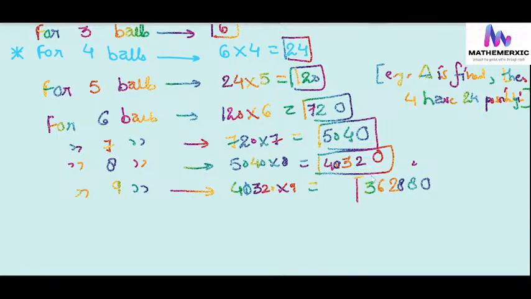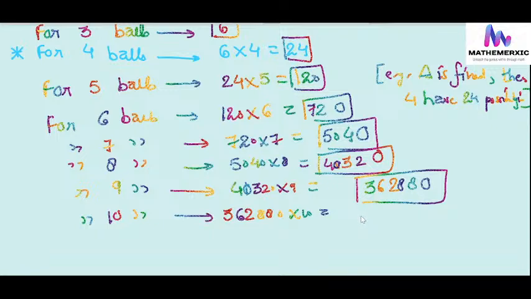We have this number right now. Now for 10 balls, it will be 362880 into 10, that is directly equal to 3628800, and this can be the answer for the question of 10 balls.